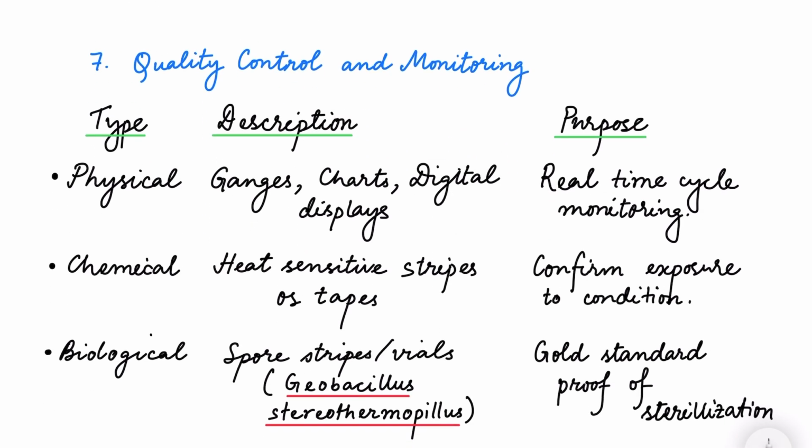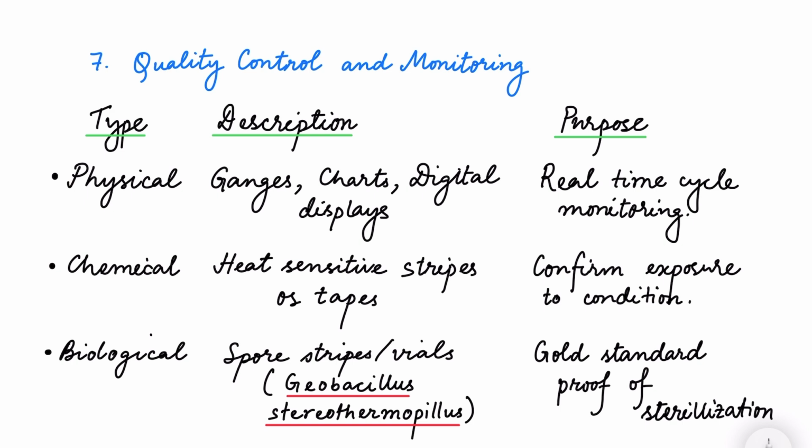So, to ensure that sterilization has truly occurred, quality control and monitoring are essential. Physical indicators like gauges and digital displays allow real time monitoring of the temperature and pressure. Chemical indicators such as heat sensitive tapes or strips change in color when exposed to appropriate conditions.